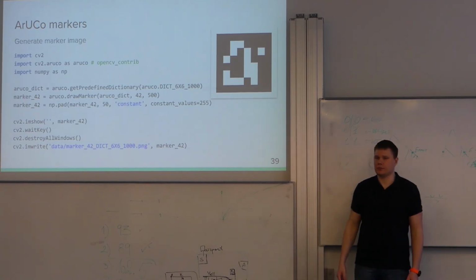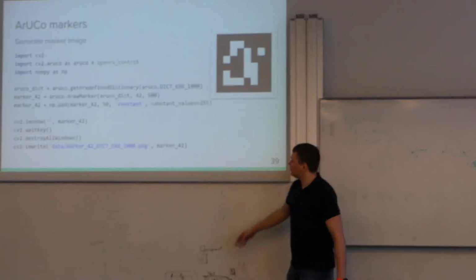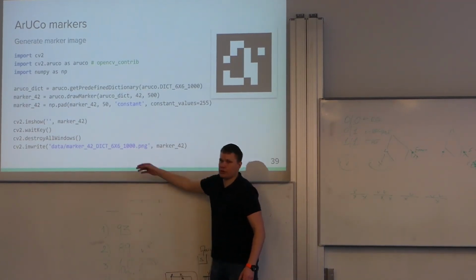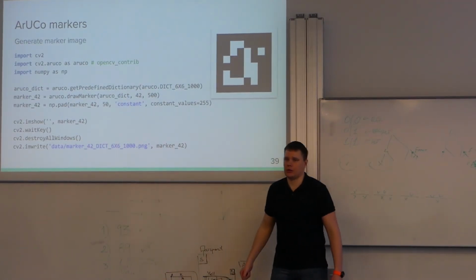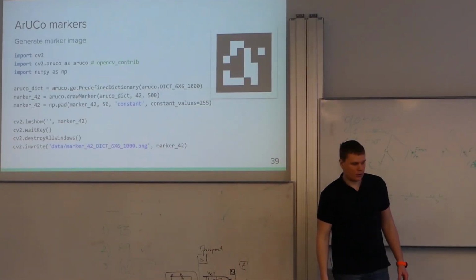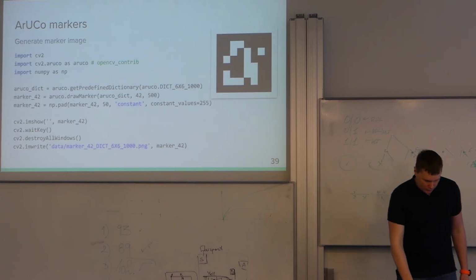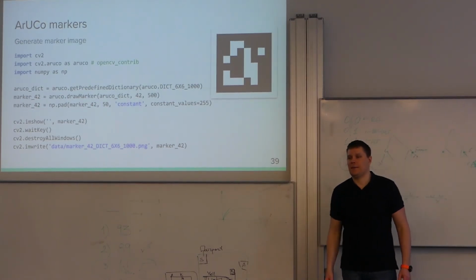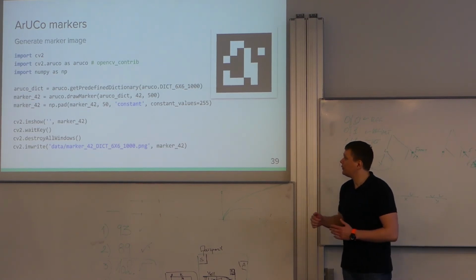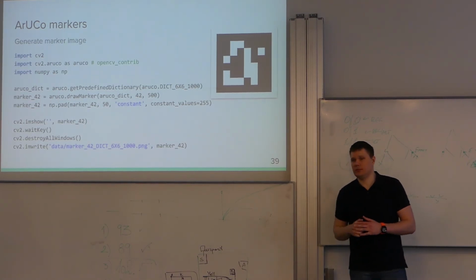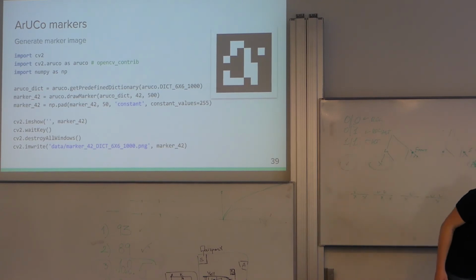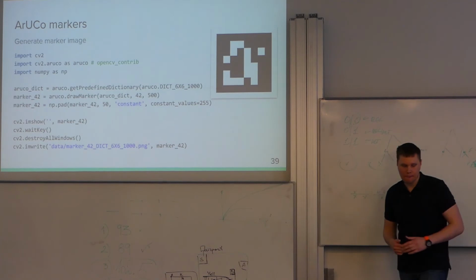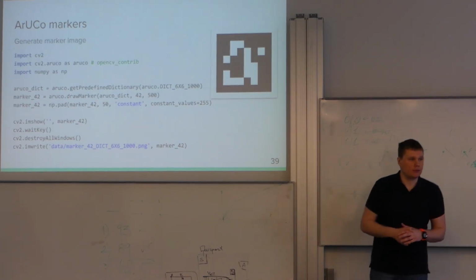How big is the predefined dictionary? There are different dictionaries. Here we have 1,000 markers. OpenCV has others, and you can create more and print them. Can we store arbitrary data on these codes?